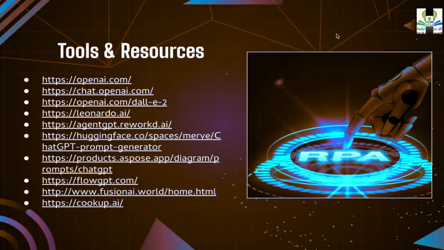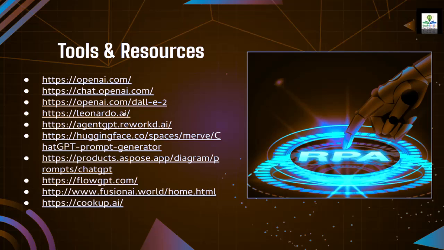Hi guys, in this video, I'm going to provide you with a list of tools and resources that we're going to be utilizing in this course. There are four main tools. The first one is OpenAI.com, the second one is ChatGPT, the third one is DALL-E, and the fourth one is Leonardo AI.